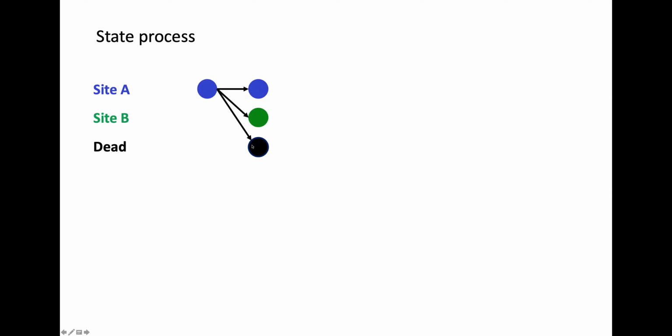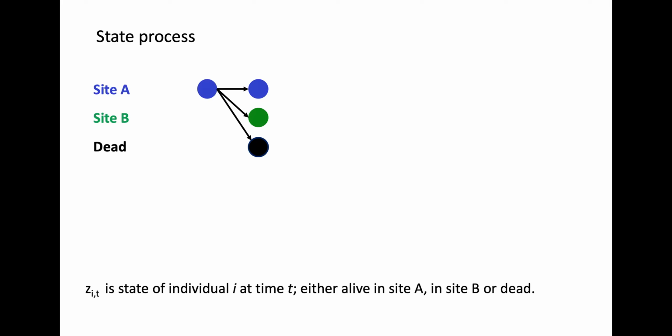To calculate and write down those probabilities, we need to define this quantity Z. It's the same thing as before in the Cormack-Jolly-Seber model, except that now we extend the latent state for being alive or dead to several sites. So Z_it is the state of individual i at time t.